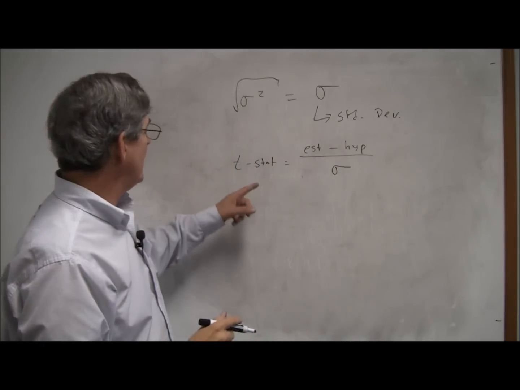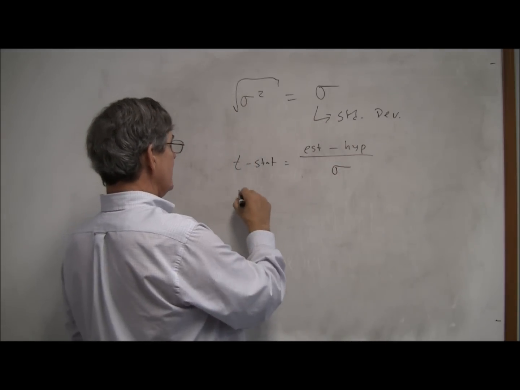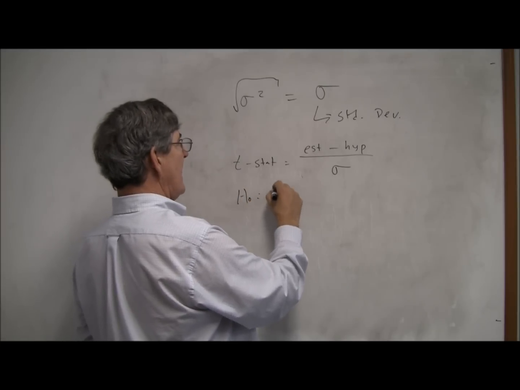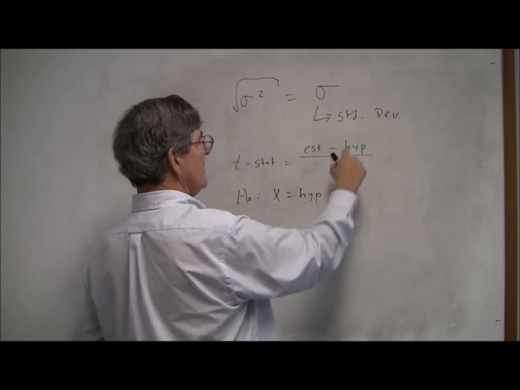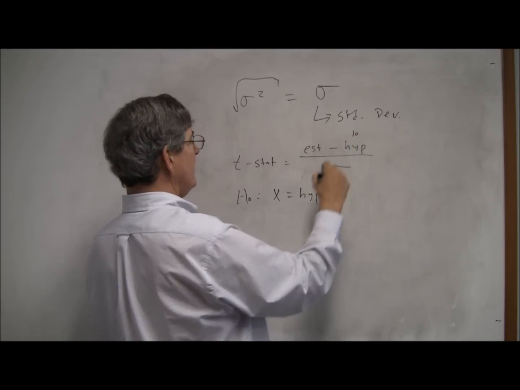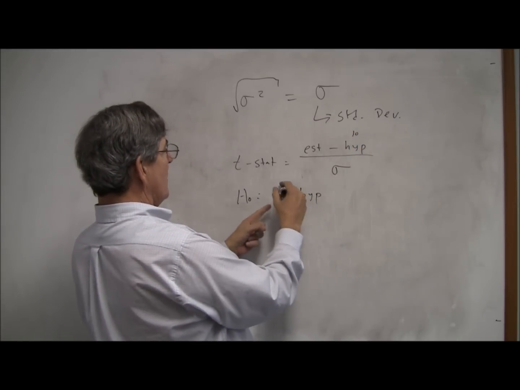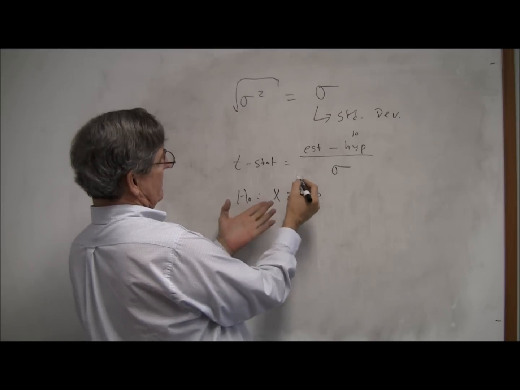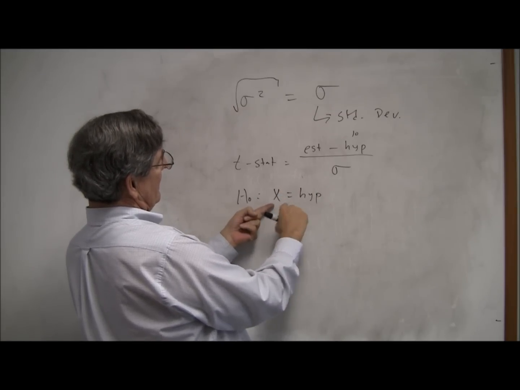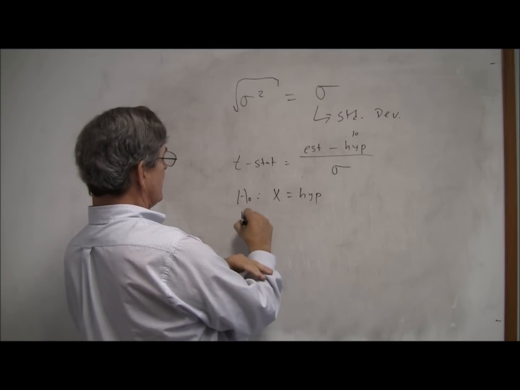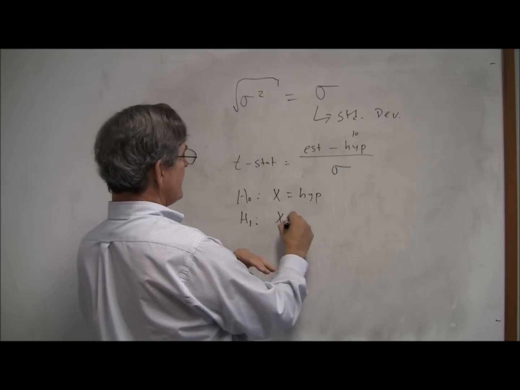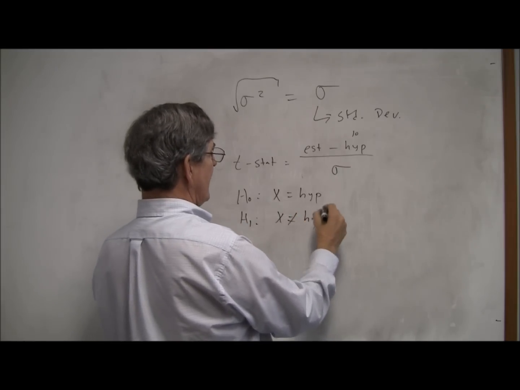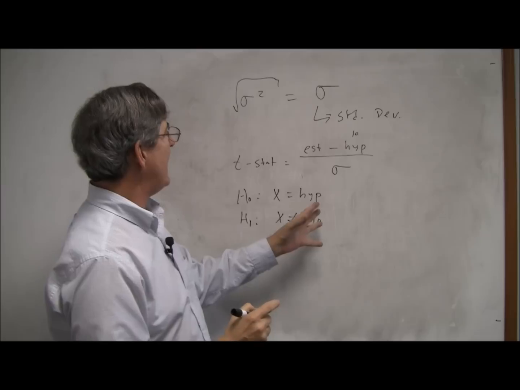What we wanted to know is, the null here might be that some random variable x equals the hypothesized value. This might be 10, okay? We say, okay, we think x is 10, and the alternative hypothesis is x is not equal to the hypothesized value. In this case, it's 10.